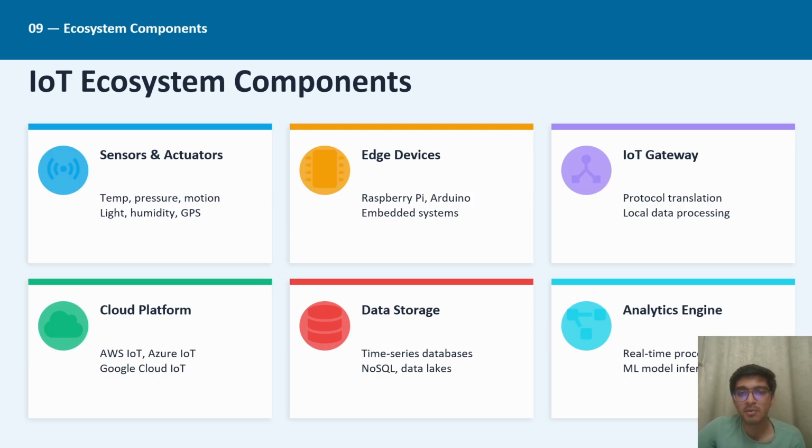Cloud platforms like AWS IoT provide scalable infrastructure. Databases store time series sensor data. Analytics engines extract actionable insights using machine learning. If you remove any one component, the system breaks. So all the six components are dependent on each other and equally important for any IoT system.